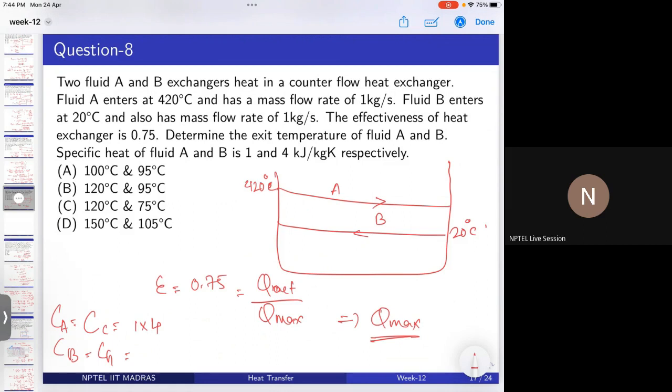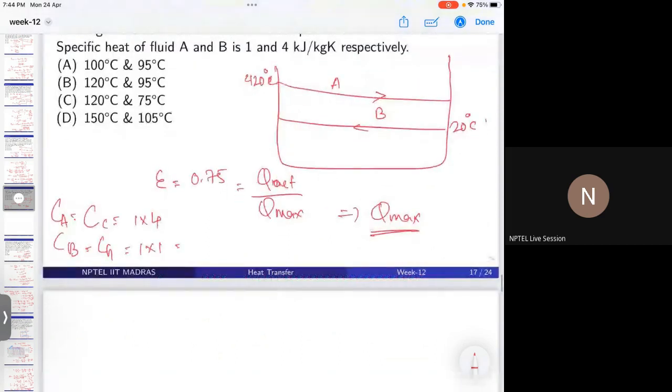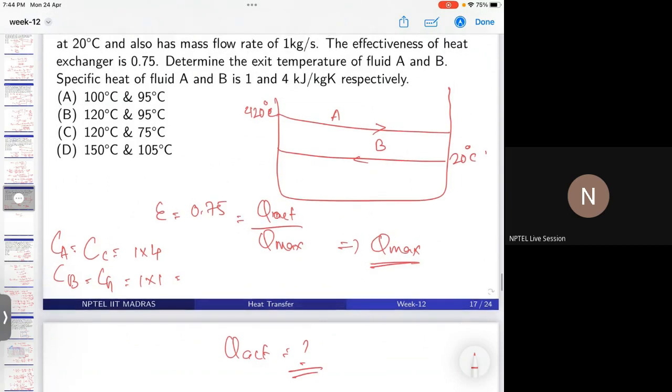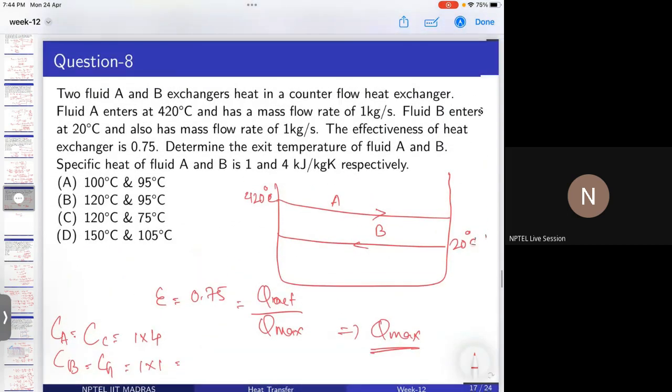Then you can find out what is the Q max, from the C min, and from that you can get the actual heat transfer. After getting the actual heat transfer, you can just use the energy balance of hot and cold fluid to get the exit temperatures. Okay, that's also a simple question.